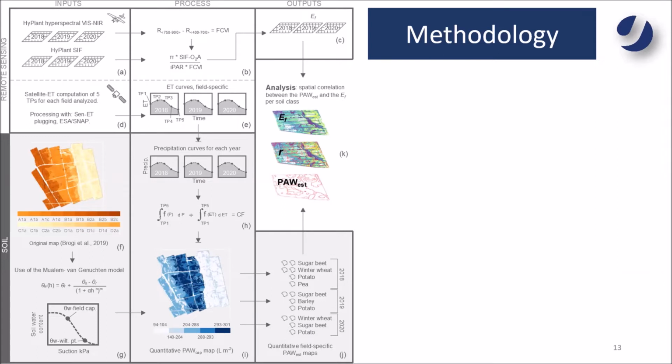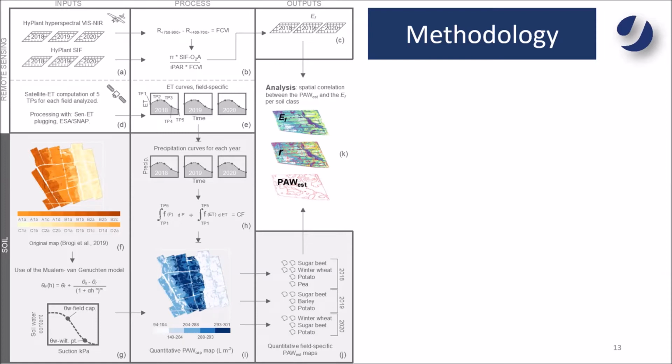In the first step, the A step, we have information from the HyPlant. We had SIF information from the HyPlant, and I mentioned already what SIF is and what the sensor is before. With this information, we computed the FCVI that I also mentioned in my last talk. We computed it in order to downscale the original SIF data.